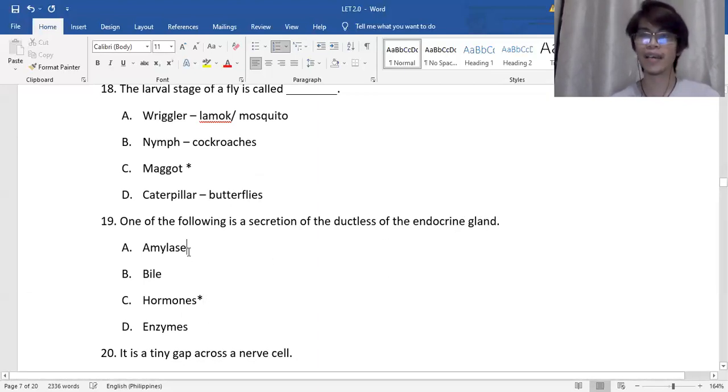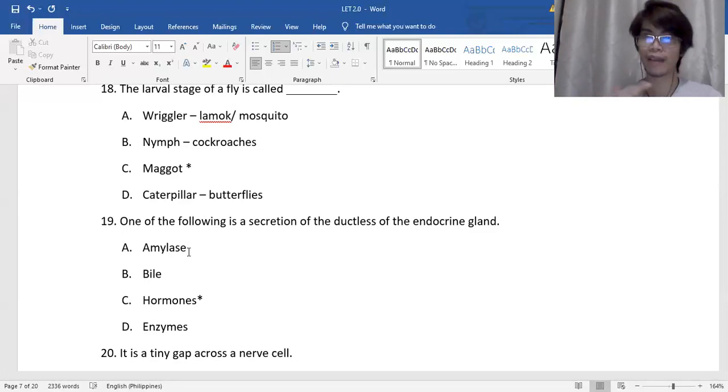Amylase is an enzyme that digests sugar. It's found in your mouth. And the bile is the secretion of the liver. This is the green substance found in your gall.